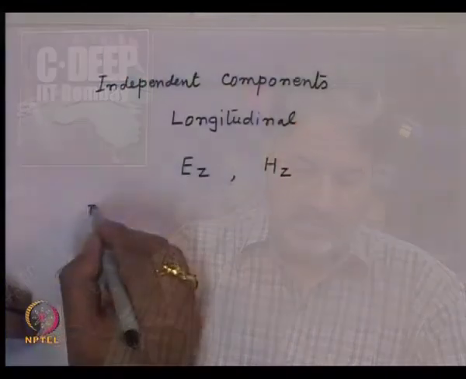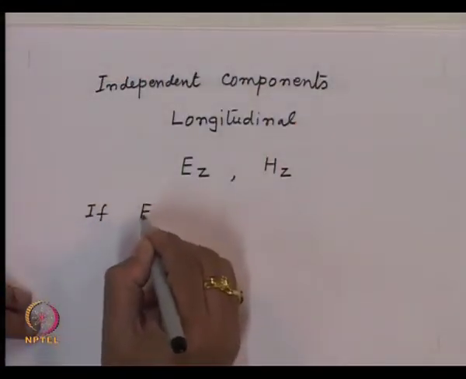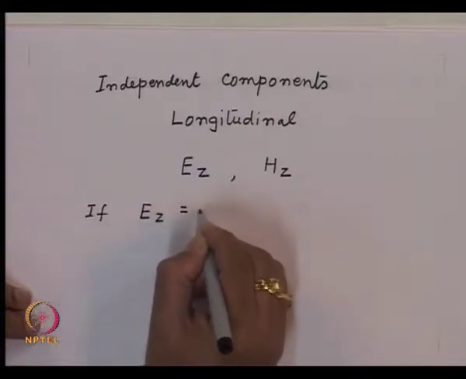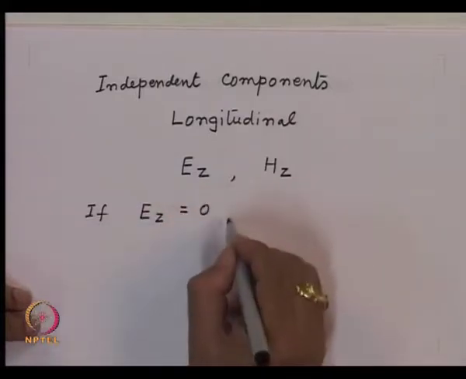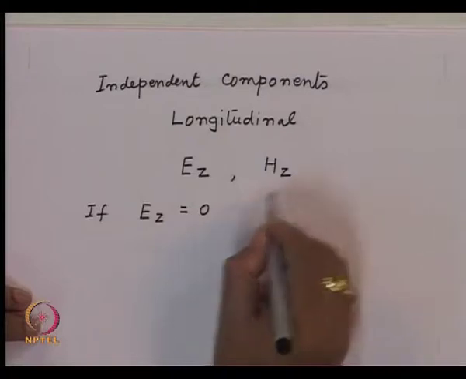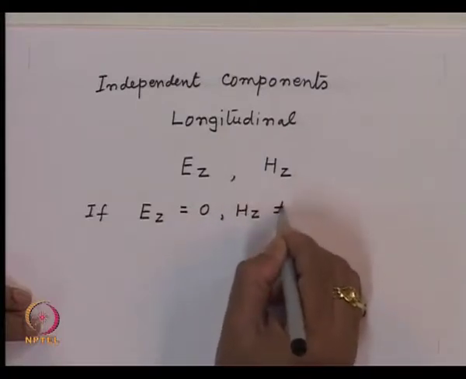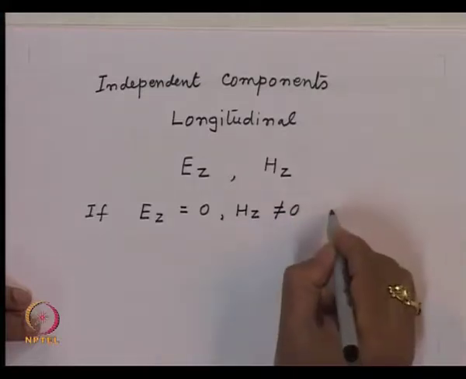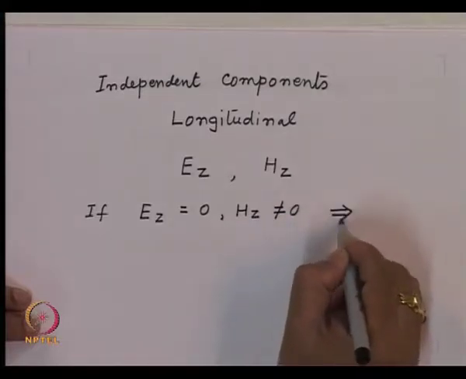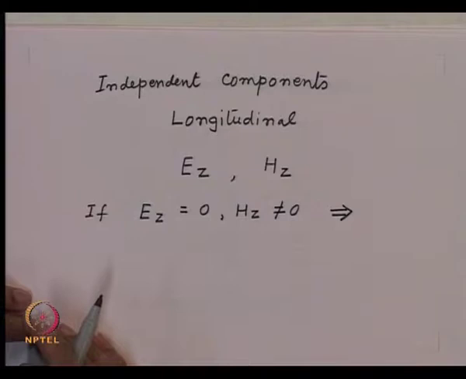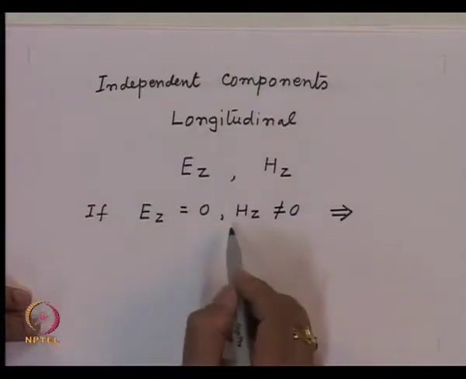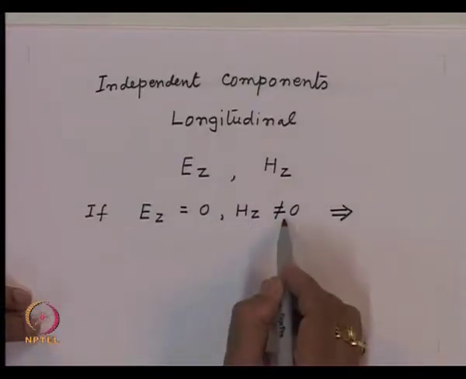So, if we take Ez equal to 0, then Hz is not 0. This gives you the field distribution which will be transverse electric in nature, because Ez is 0.